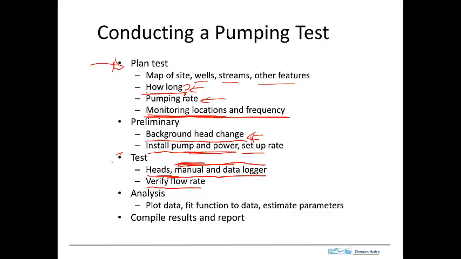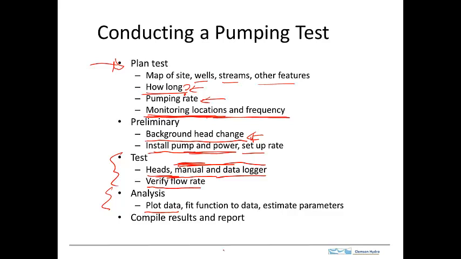So we do the test, and then we have data, and the next step is to analyze the data. The way that this will be done is to plot the data up, and then we'll have a mathematical function or some kind of an analysis that will be a prediction of the data. So it'll be a mathematical version of the well and the aquifer.